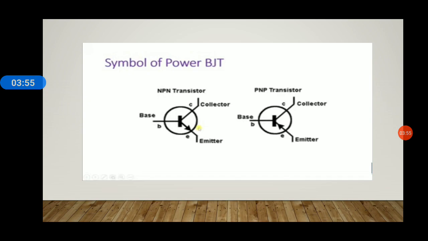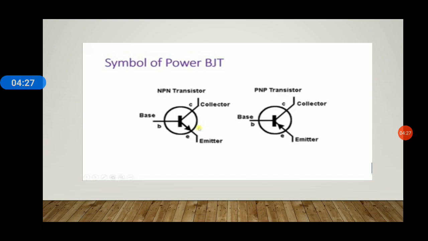Now, for an NPN transistor, the base is P-type and the collector and emitter are N-type. As we know, current passes from P to N, so here the current will flow from base to emitter, and so the arrow suggests the flow of current in the NPN, which is outwards.